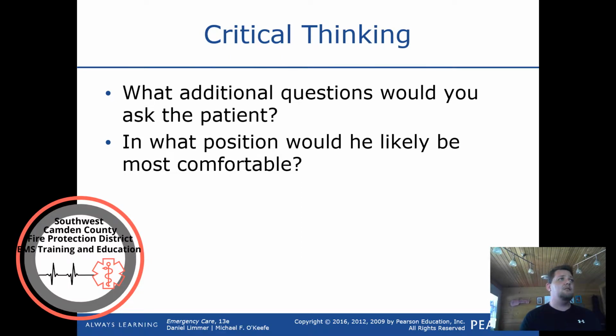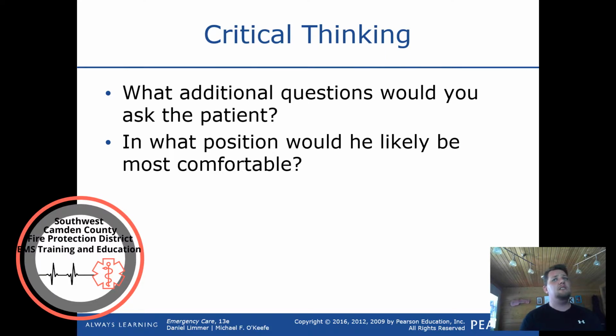We want to focus on where the pain is, where it starts from, and so on. And then we want to determine the previous history of the present illness. We want to do our OPQRST. We want to do our SAMPLE. We want to do all of those questions.